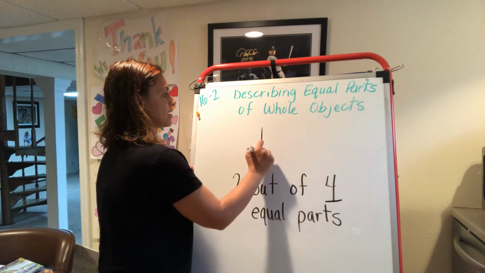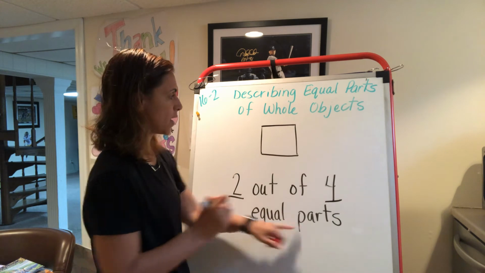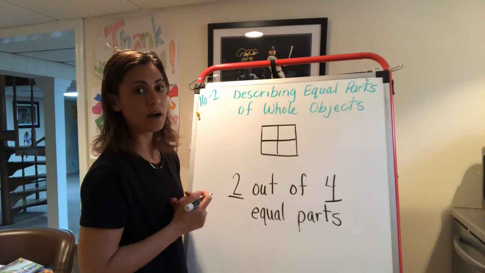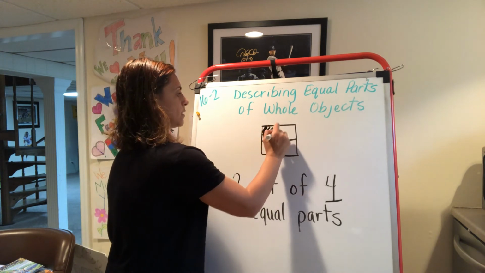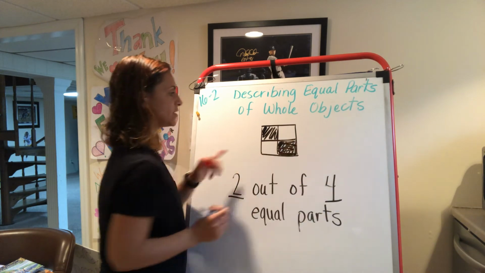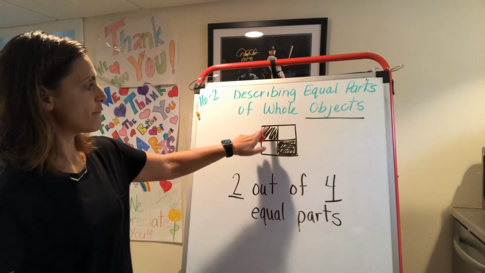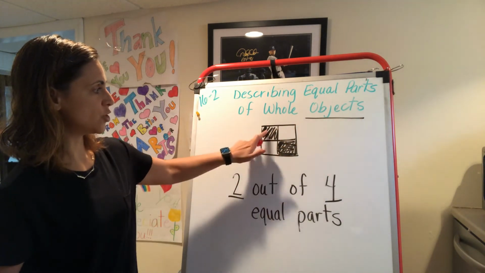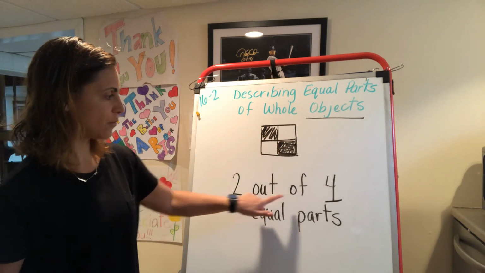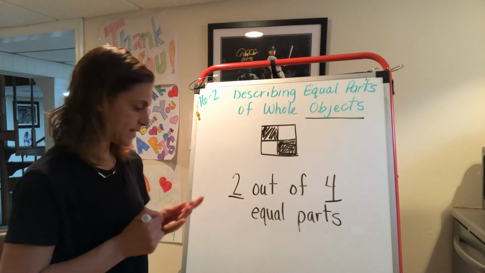So say I had a square. I know there's 4 equal parts, so I'll divide it into 4. 2 out of the 4 are colored. 1, 2. This object shows me 4 equal parts. 2 of them are shaded. So my answer would be 2 out of 4 equal parts. And that's it. Pretty simple.